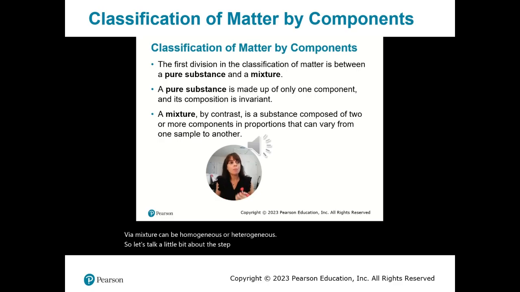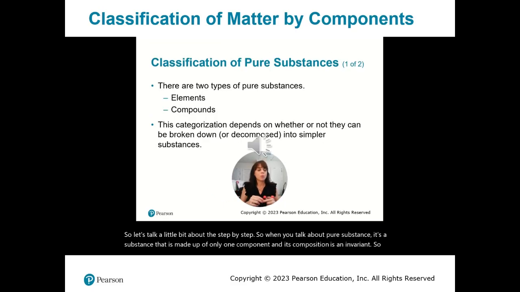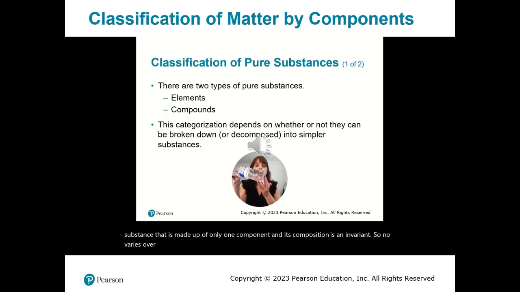When you talk about a pure substance, it's a substance that is made up of only one component, and its composition is invariant, so it does not vary. Like over here, I have my water. This is pure water, so I have only water molecules inside my bottle, so that is a pure compound.